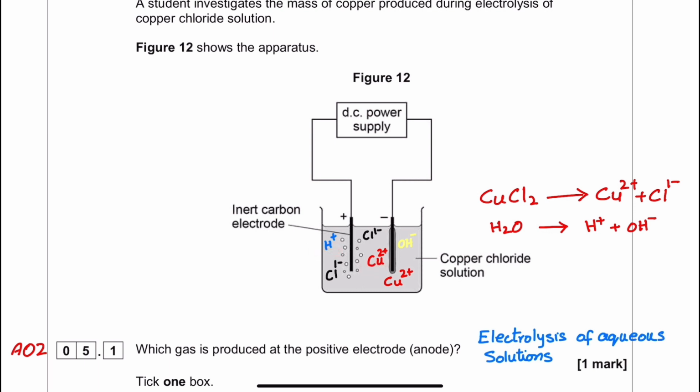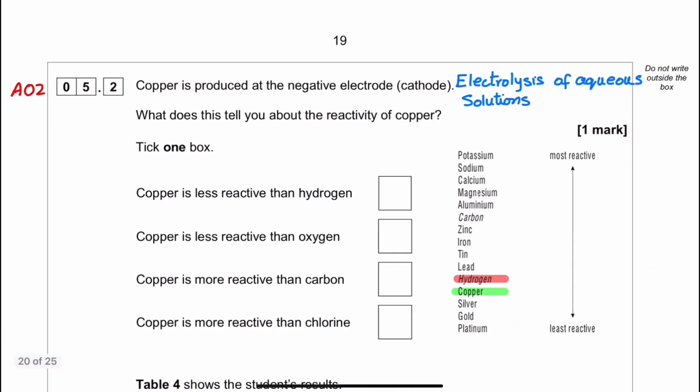To understand this point, we will use this table. In my reactivity series table, copper is less reactive than hydrogen. So in electrolysis, if anything is less reactive than hydrogen, that will go towards the cathode first and gain the electron.